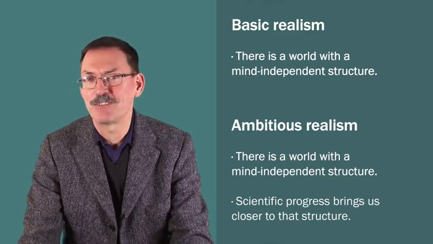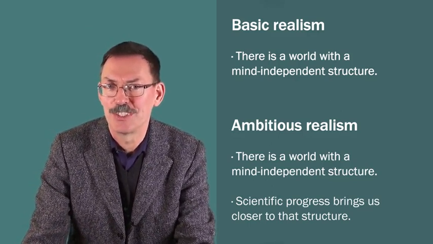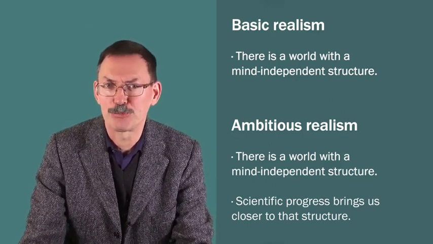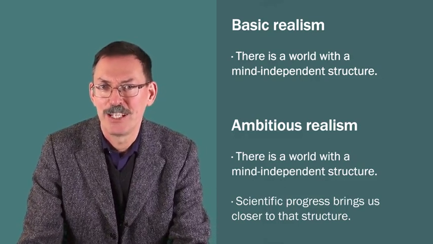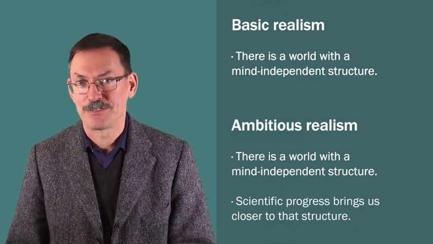So realism, if we want to contrast it with relativism, is a complicated issue. We need to be very clear on what we mean by realism in order to even achieve a contrast with relativism. I'm not going to try to tell you here how we should really think about the contrast.